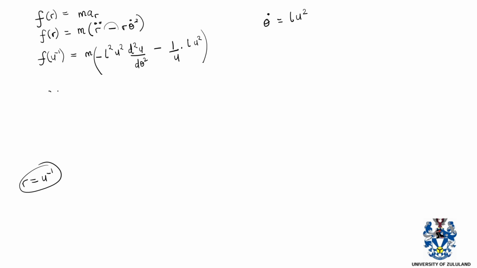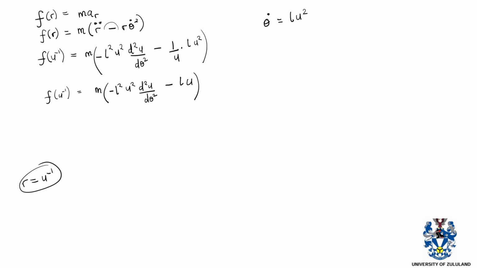Now, to finish up this mathematics, you would have negative L squared u squared d squared u over d theta squared, and then this u and this u will cancel off in a manner. You remain with negative L times u.